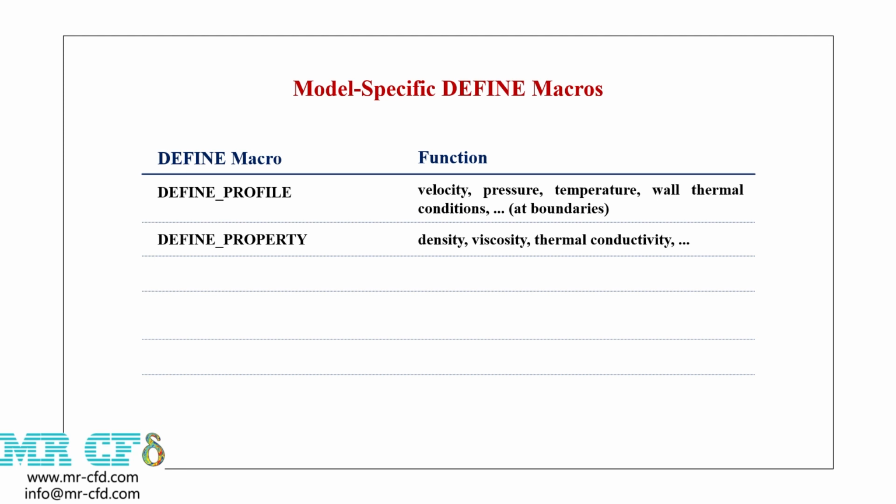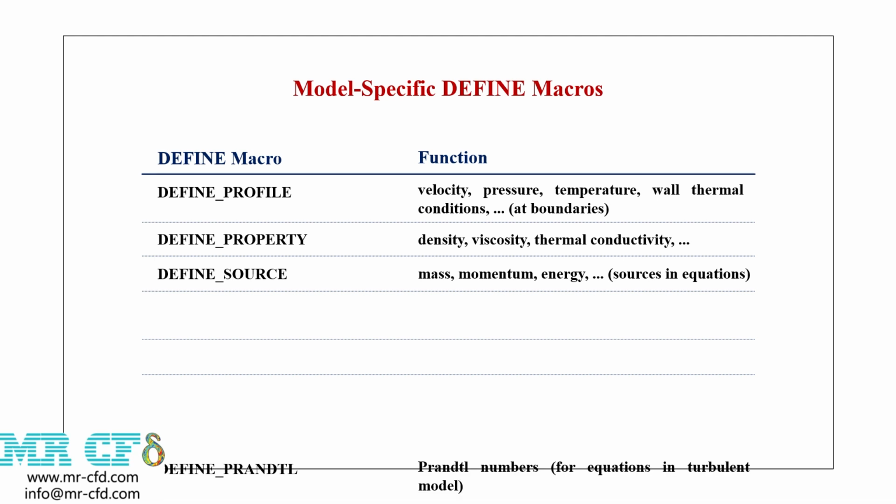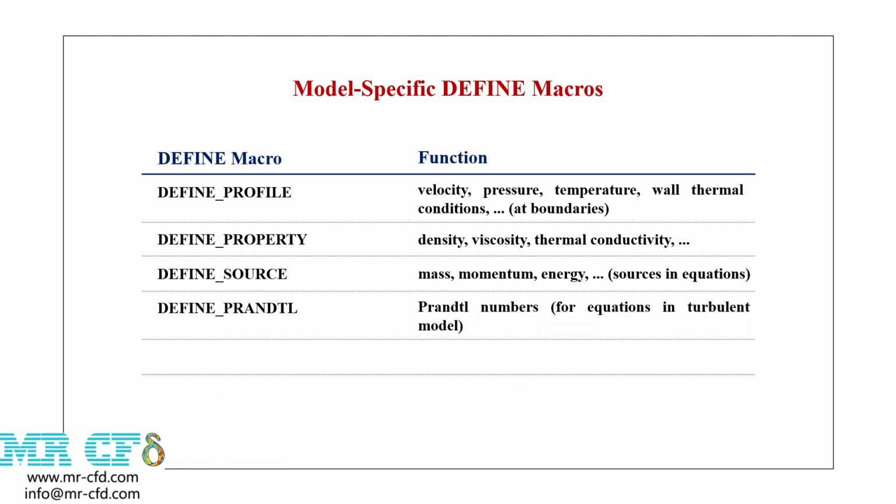Source macro. This macro is used to define desired source terms in solving different transport equations. For example, it is used to define source terms related to mass, momentum, energy, and other required equations. Turbulent viscosity macro. This is used to define the turbulent viscosity.